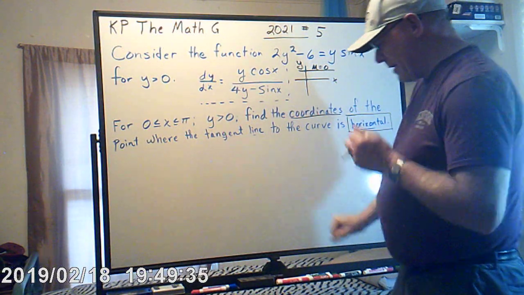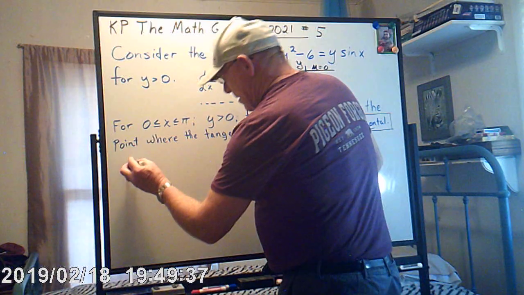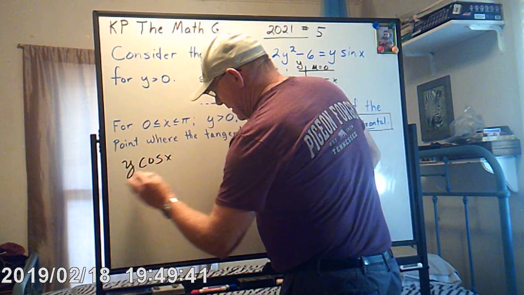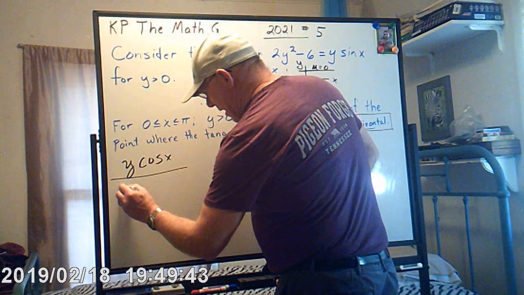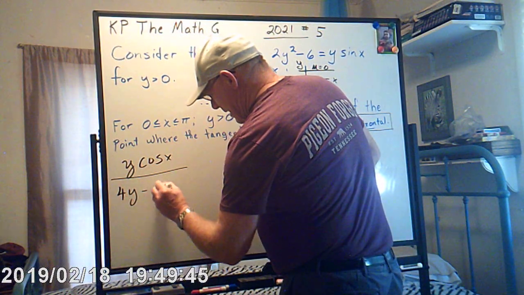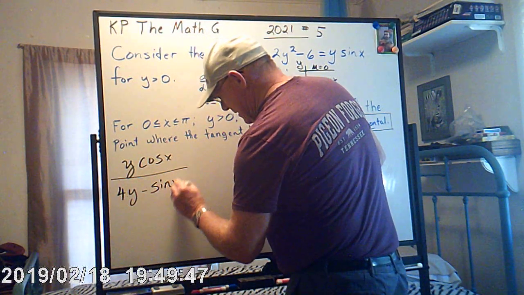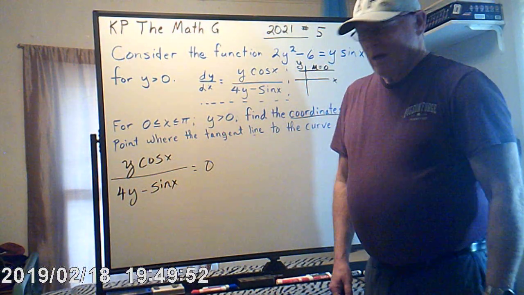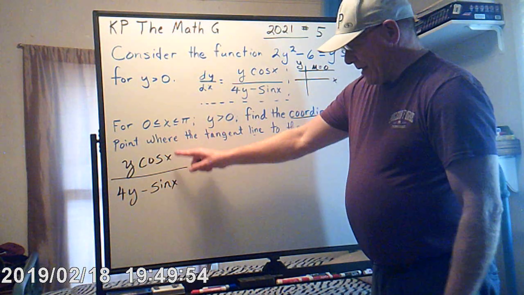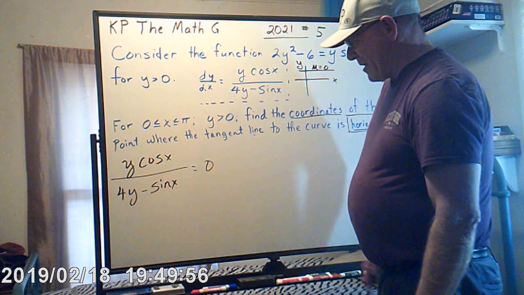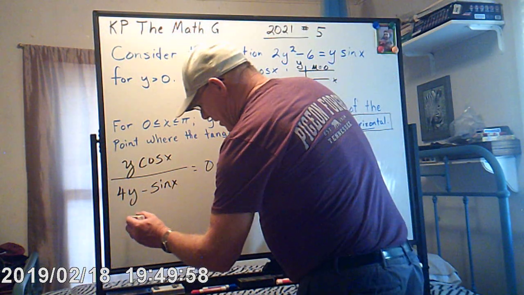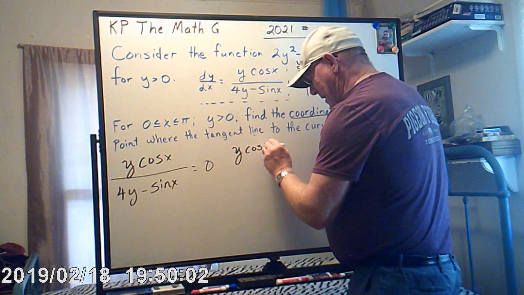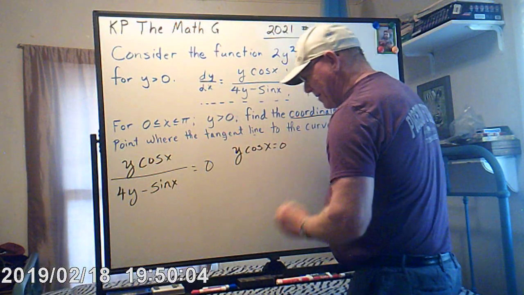So what we're going to do here is say, all right, well then, y cosine x over 4y minus sine x is equal to 0. What we want in this numerator and denominator, let's put this over here: y cosine x is equal to 0.